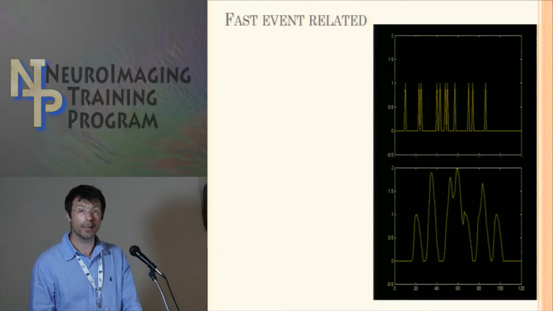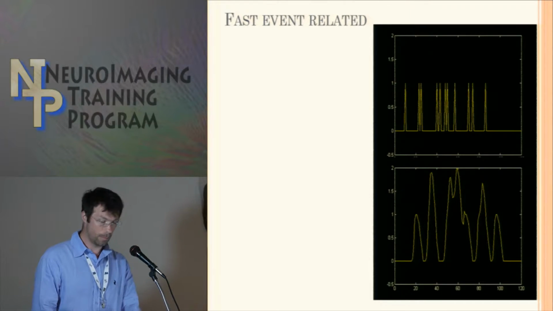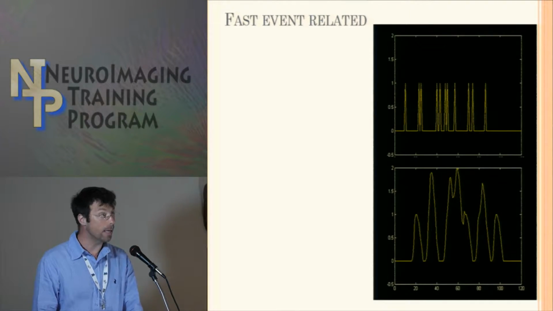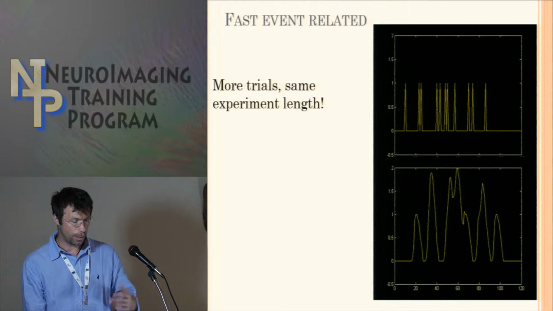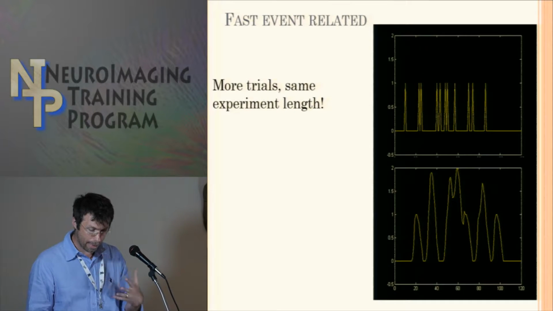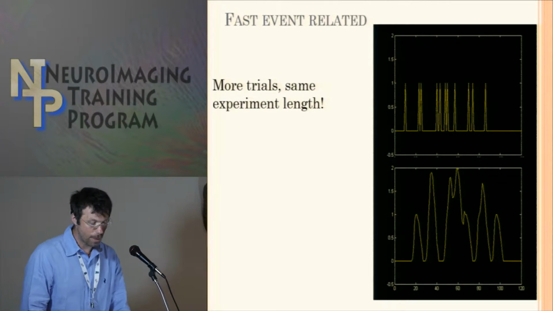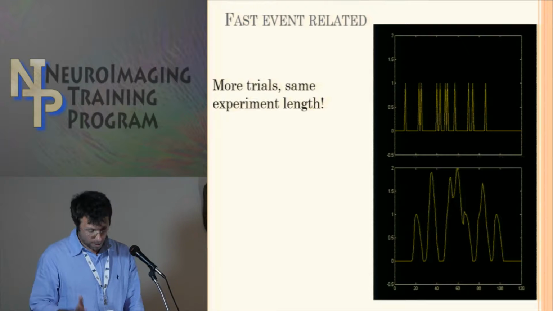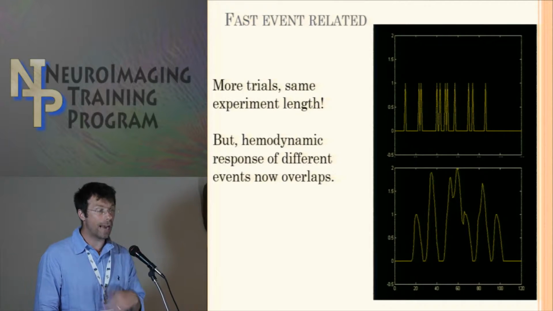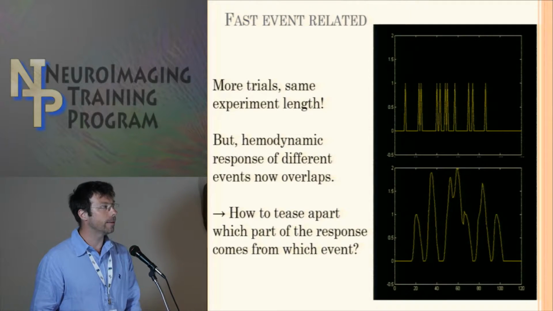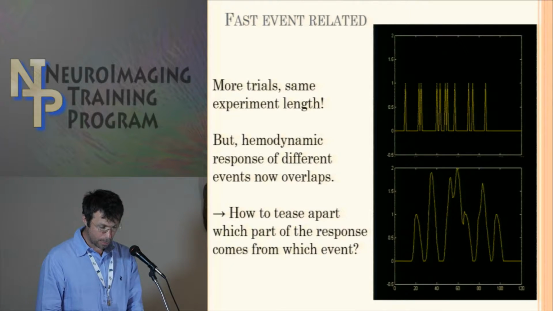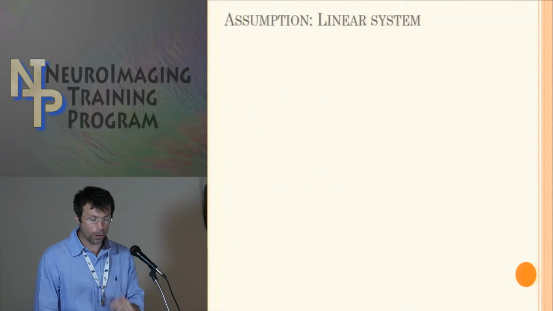The problem, of course, is that now my hemodynamic response is overlapping across trials. Right? So now, for example, this one here is a nice response to one trial, but then this big thing here actually has two trials in it, and I've got to be able to tease apart how much of this big thing comes from A and how much of it comes from B. Obviously, in the same length, I can pack way more trials.